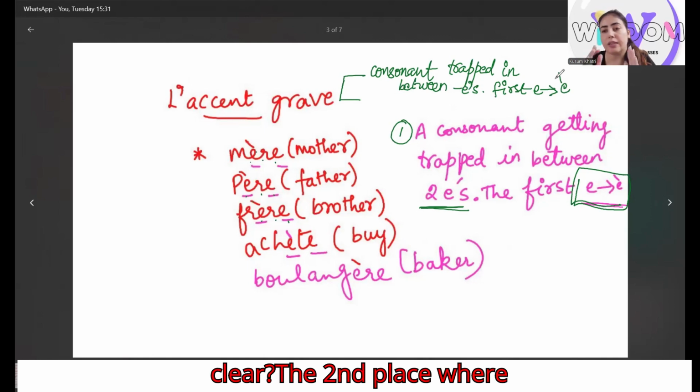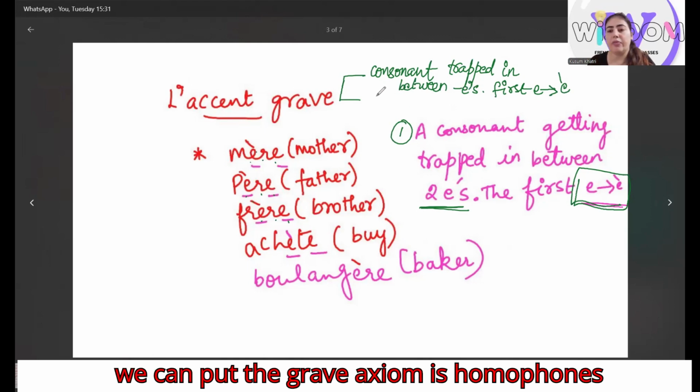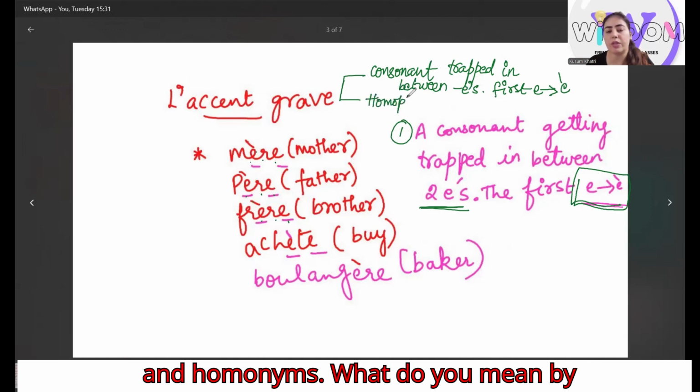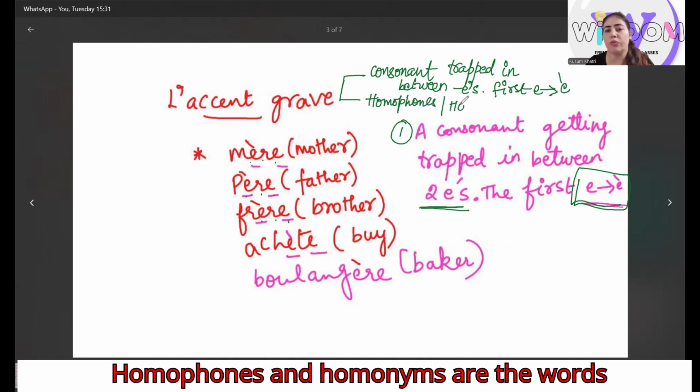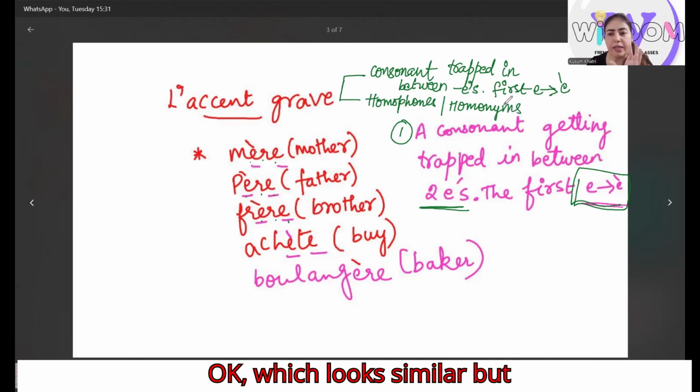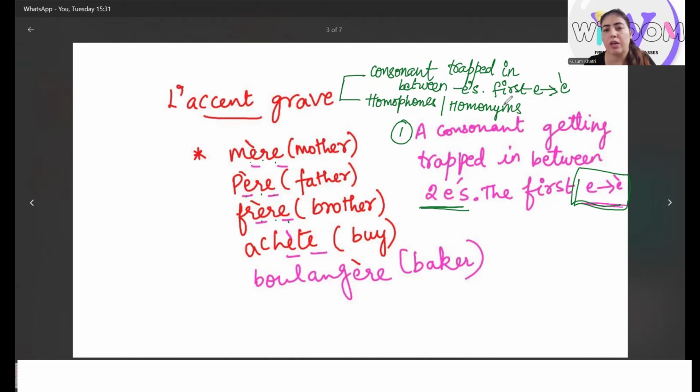Is it clear? The second place where we can put the grave accent is homophones and homonyms. What do we mean by homophones and homonyms? They are words which look similar but mean totally different.